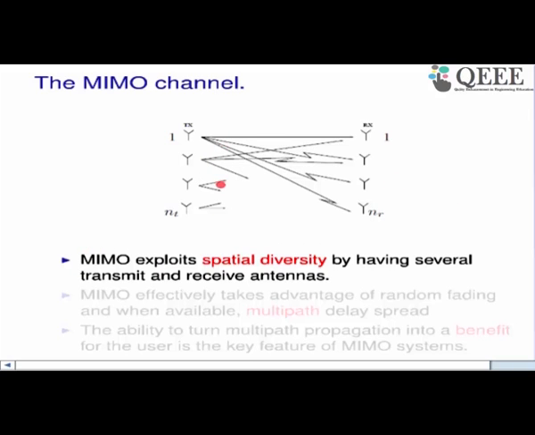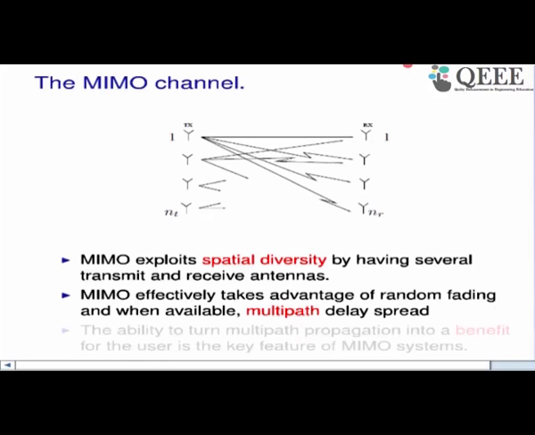If there is no variation in space, okay, the channel from antenna 1 to receive antenna 1 is same as channel from 1 to receive antenna 2, you will only get coding gain. There will be no diversity because the two channels are same. But if there is diversity, that is the channels are uncorrelated, then MIMO will exploit that. We will see that later on.